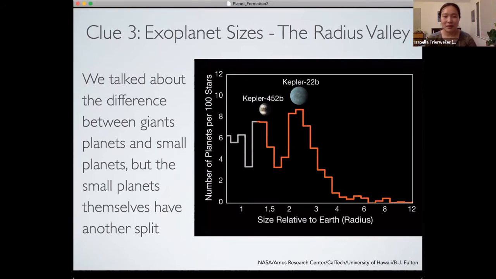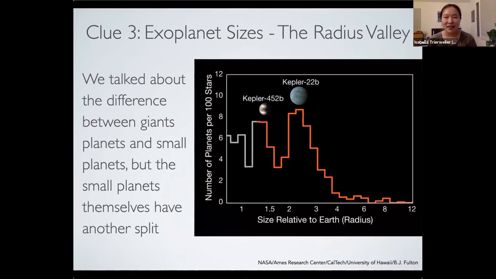So this is relative to Earth. How many planets do we have at these particular sizes? And as you can see here, there was an interesting pattern where we found a lot of planets about 1.5 Earth radii, a lot of planets around 2.5 Earth radii, and really not all that many in between. So we've got this gap here, and so people called it the radius valley in exoplanets.